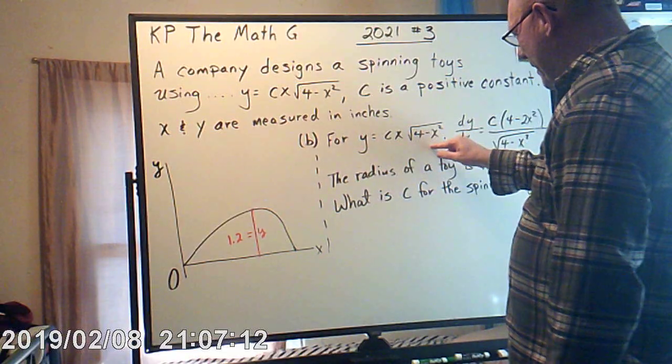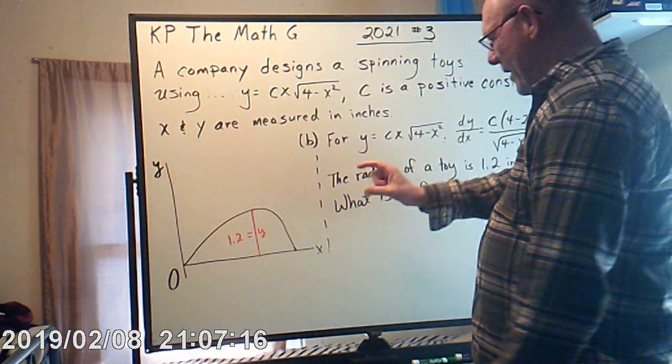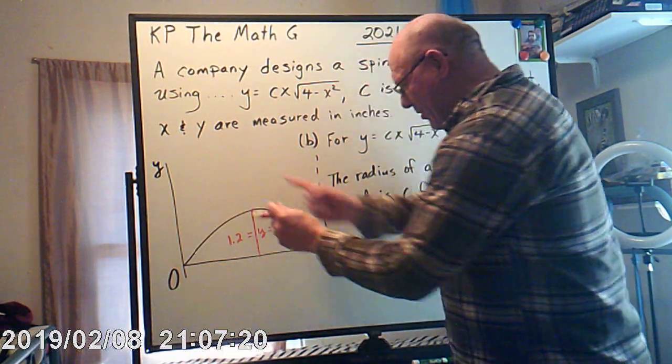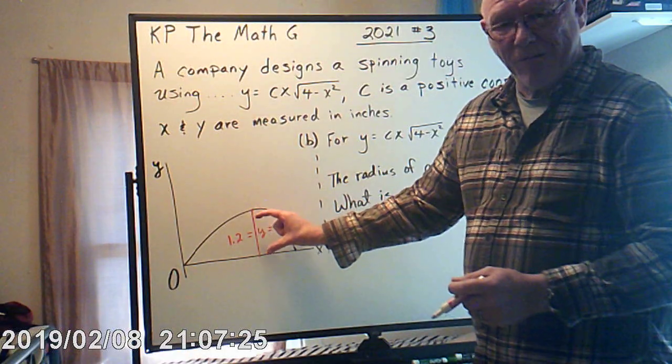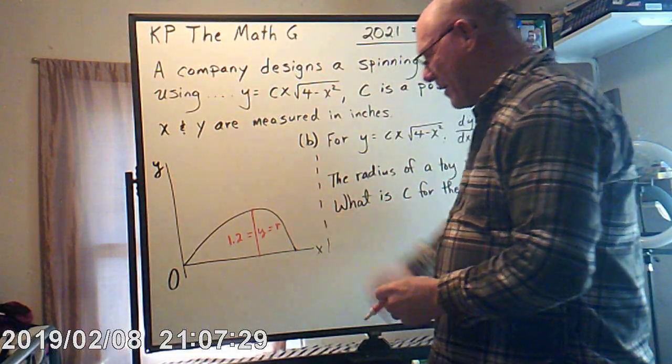So in place of y, which is the same as the radius r, because when you spin this around, this is a radius, right? This is the highest point.